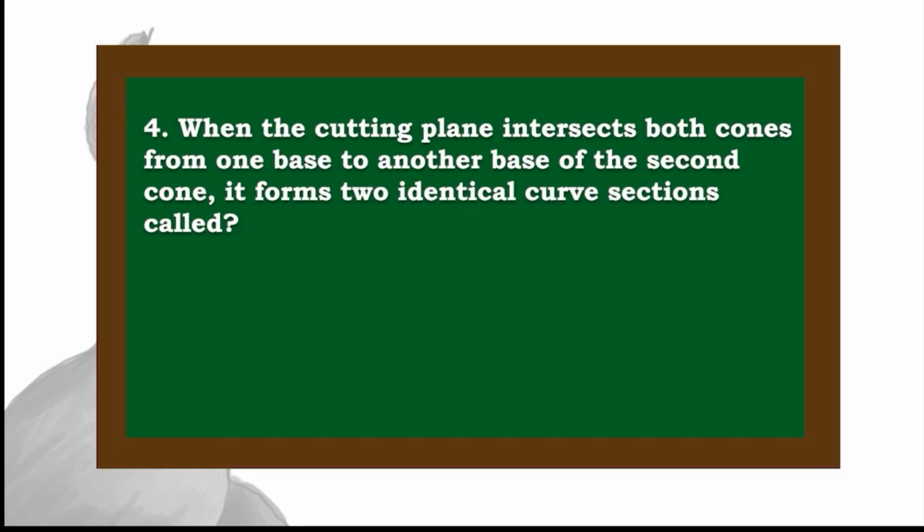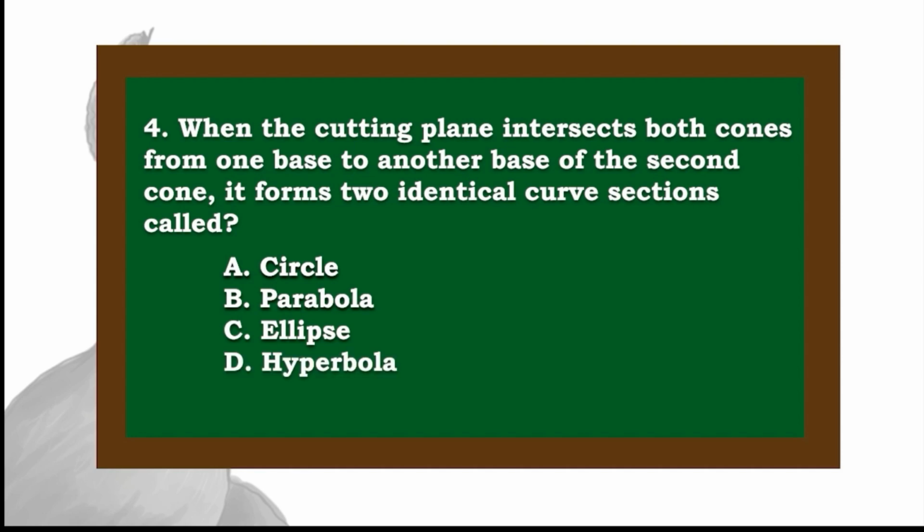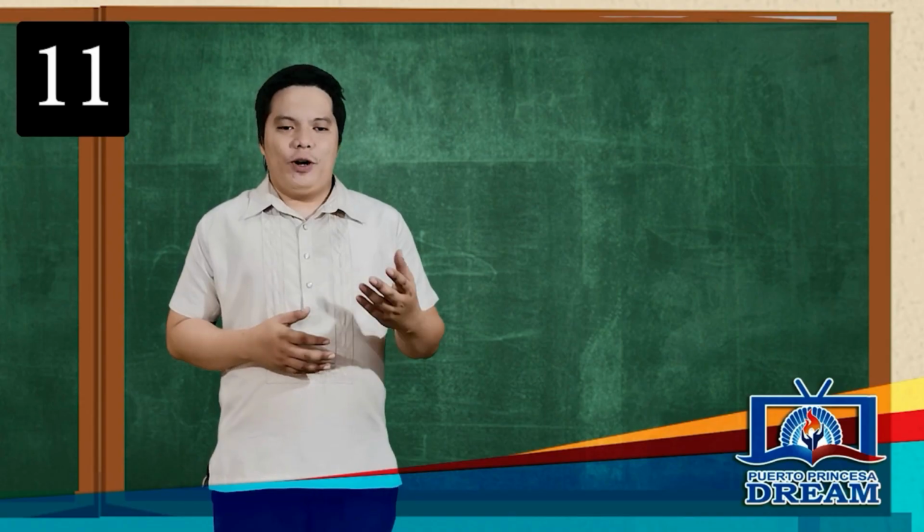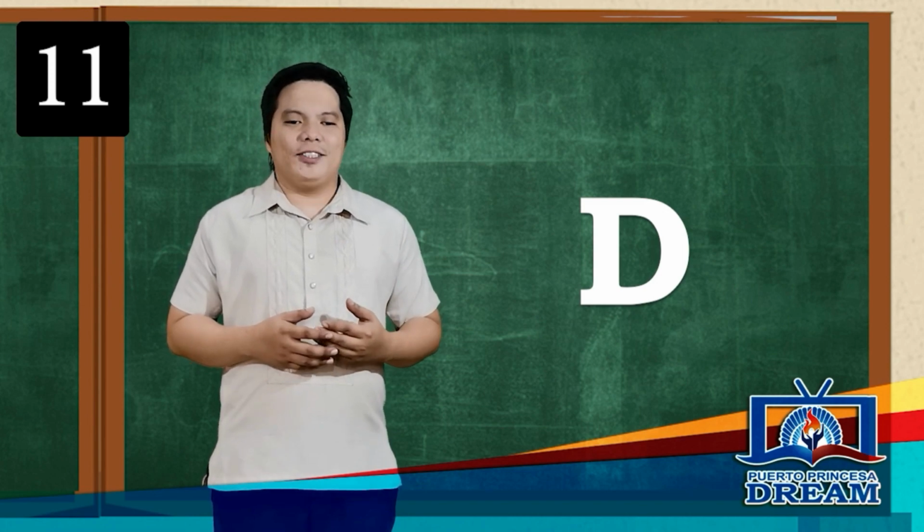When the cutting plane intersects both cones from one base of a cone to another base of the second cone, it forms two identical curved sections called A. Circle, B. Parabola, C. Ellipse, D. Hyperbola. If your answer is letter D, that is correct.